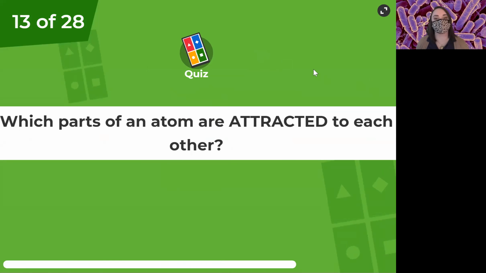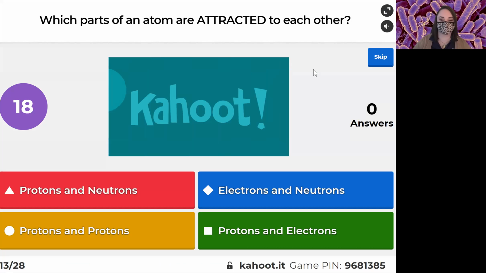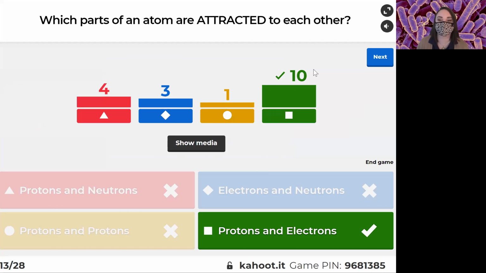Which parts of an atom are attracted to each other? Good. Protons and electrons, right? Because they have opposite charges, so they attract.